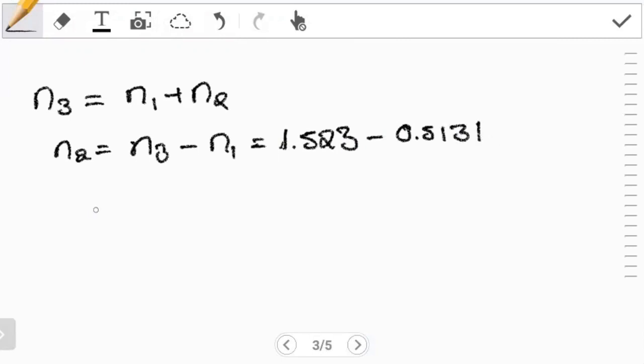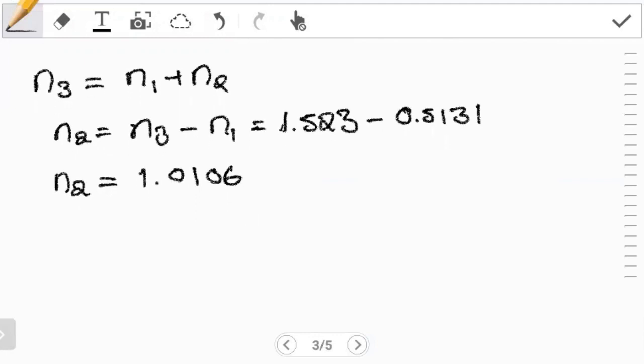So when you subtract these, you get N2 as 1.01. Again, I'm using the values I get when I subtract the full one. So again, I'll write it just short, 0.6. But you guys can keep writing the whole thing. That's what I'm using for my calculations.